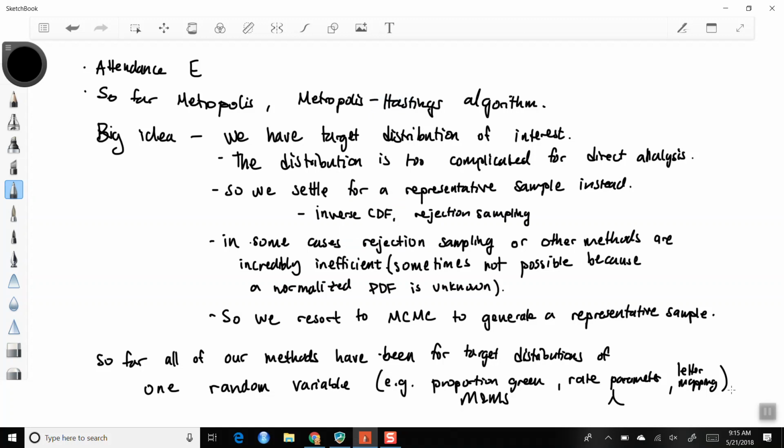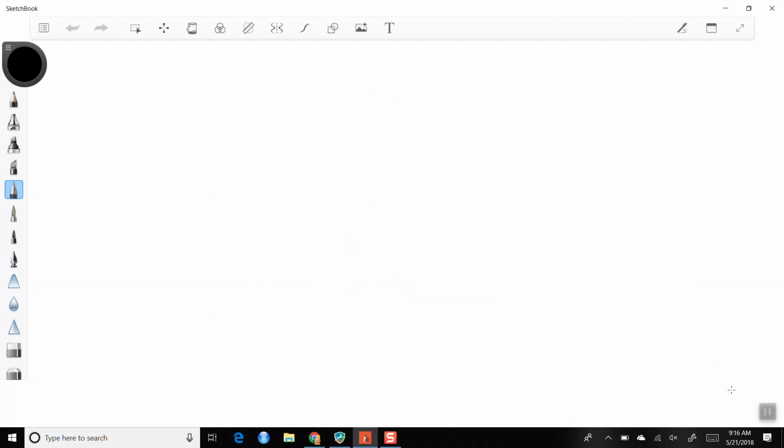What can we do there? So that's what we'll look at today. We'll look at a situation where we have multiple parameters, and we can do a Metropolis or Metropolis Hastings algorithm for multiple parameters. We can also have more efficient things.